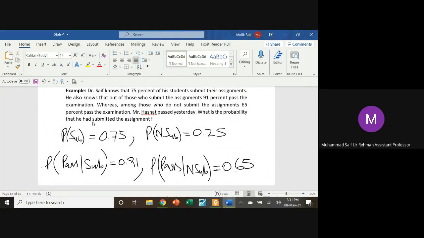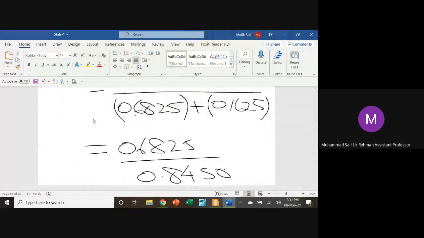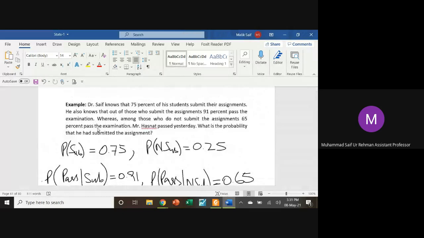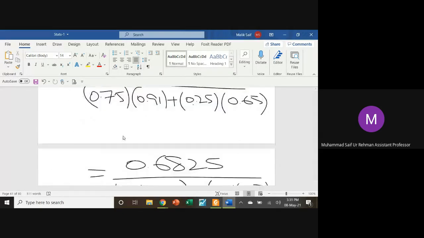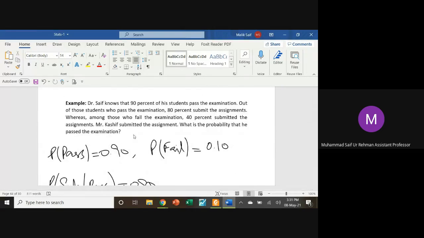Instead of writing submission, I'm saying not submitted. Then the scenario will entirely change. You may write down 'not' here and try for that. But for your convenience, I'm going to write down this word 'not' over here. What is the probability that he did not pass the examination?